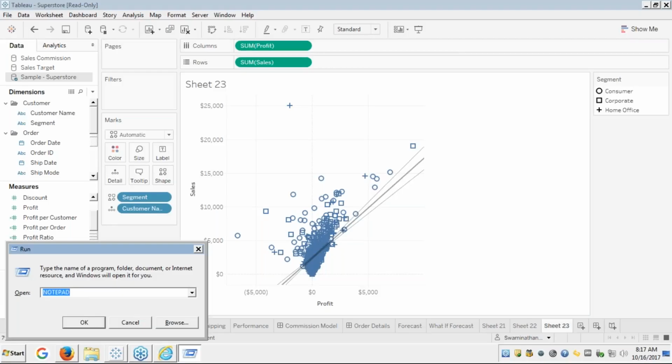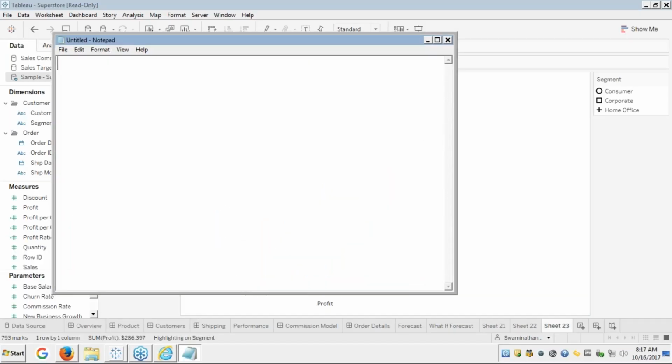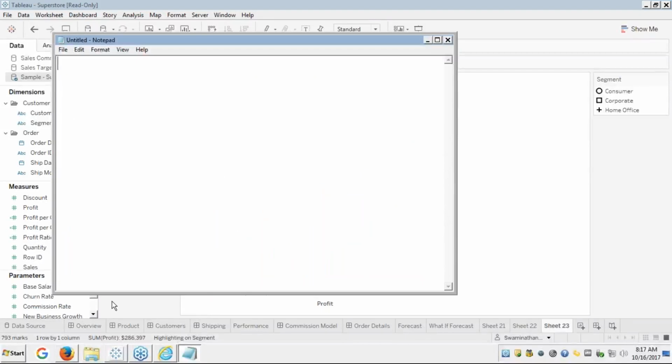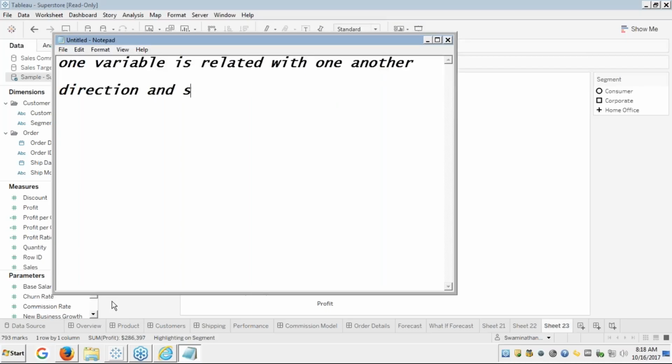Okay, I'll wrap this up at a high level. Trend lines are basically to see how one variable is related to another. They help us in finding the direction and strength of a relationship.